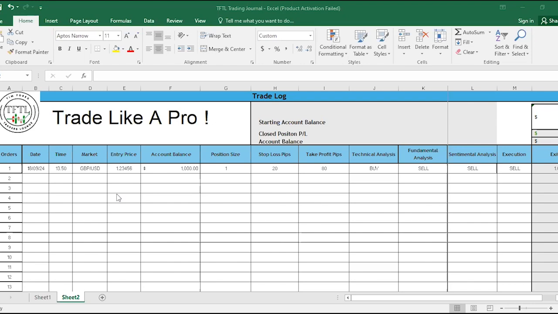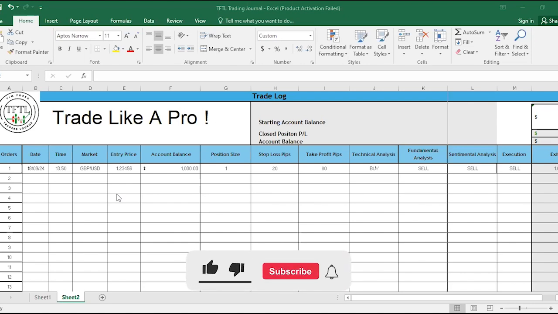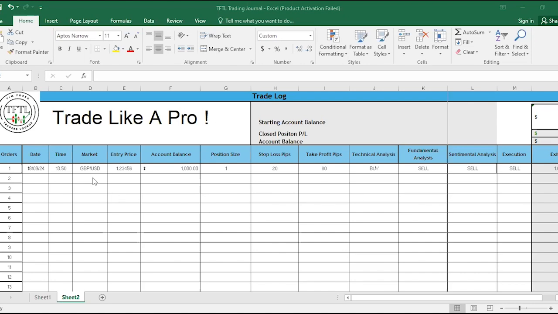So we begin by defining what a trading journal is. Basically, in my own terms, this is a tool whereby traders record all their trades, including details such as the date they took the trade, the time, the market they traded, that is the asset, the entry price, the account balance, position size, the stop loss, take profit, such kind of things.